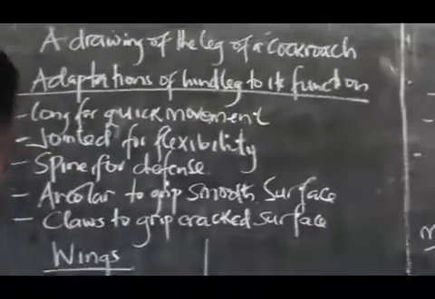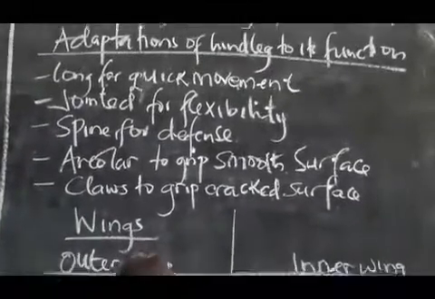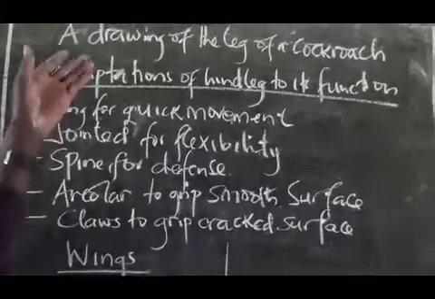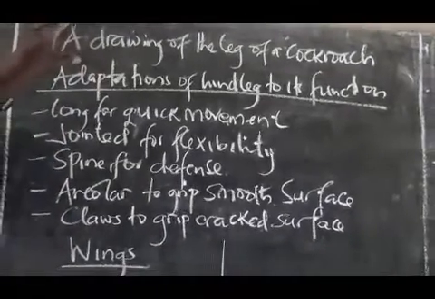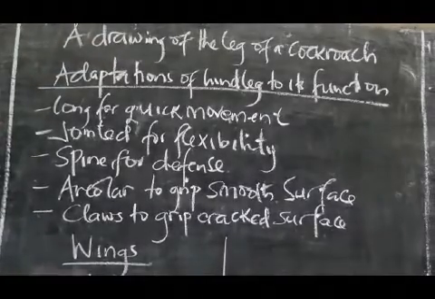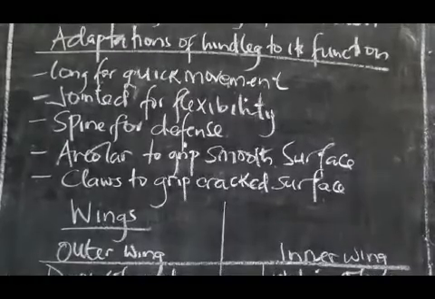Now, we are looking at the drawing of the leg of a cockroach. The structure of the leg of the cockroach is important for you to see and then to practice drawing, because it is similar to other insects that you can be asked about. And then the adaptations of the hind leg to its function.